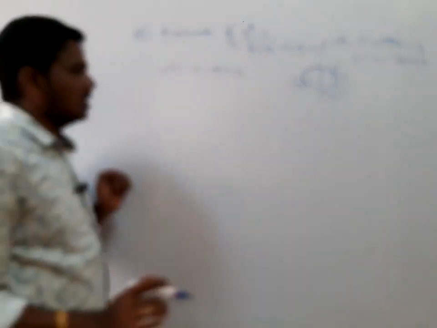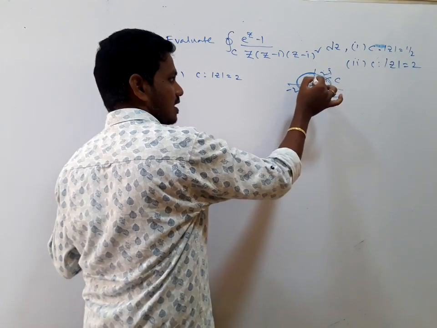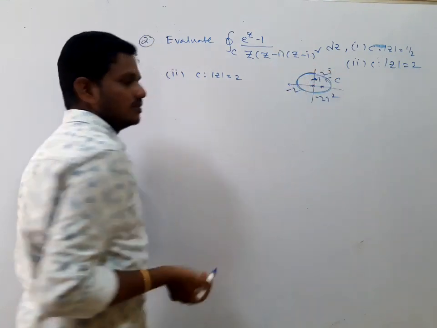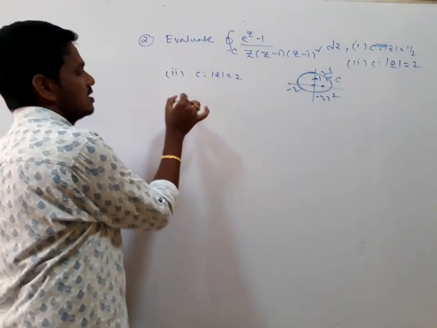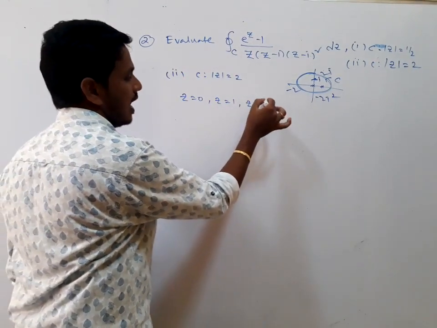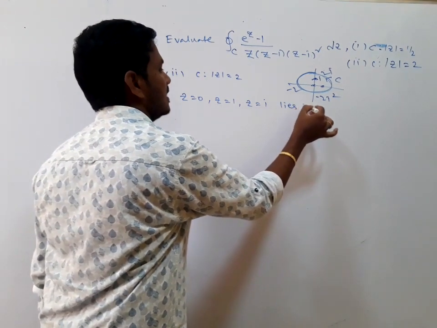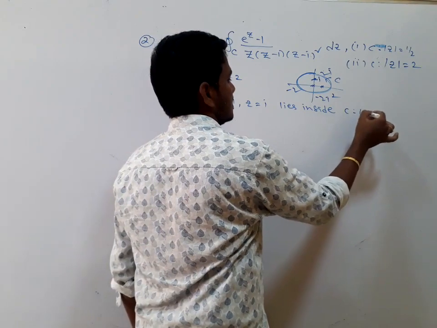What are the poles here? z equals 0 lies inside, z equals 1 lies inside, z equals i lies inside. Therefore z equals 0, z equals 1, z equals i lie inside the C, mod z equals 2.